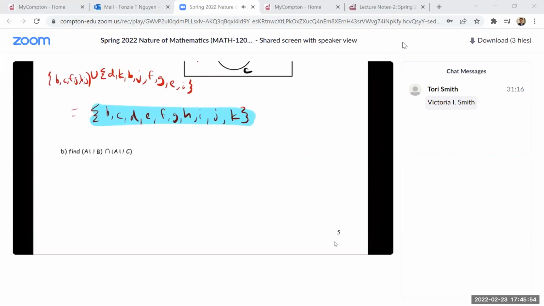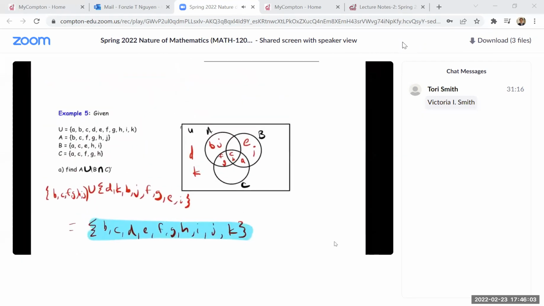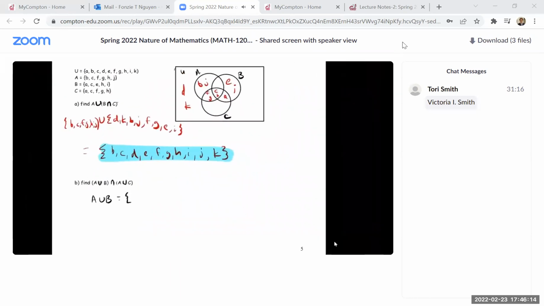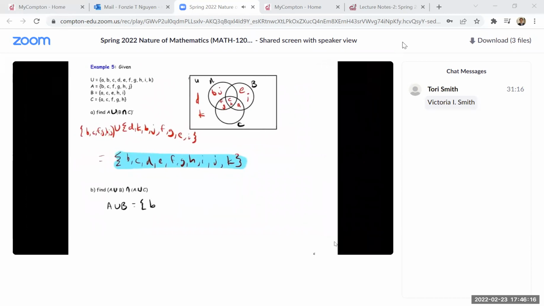So let's do the parentheses first. Union, intersection, union. So parentheses A union B. Everything in A and B would be everything there. So A, B, C. All right, let me write that out: B, J, F, G, C, H, E, I, A. Yes.